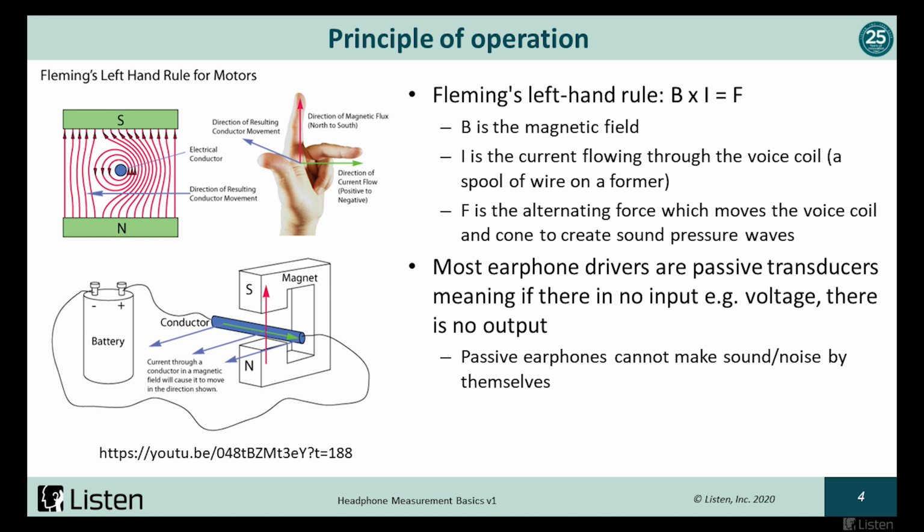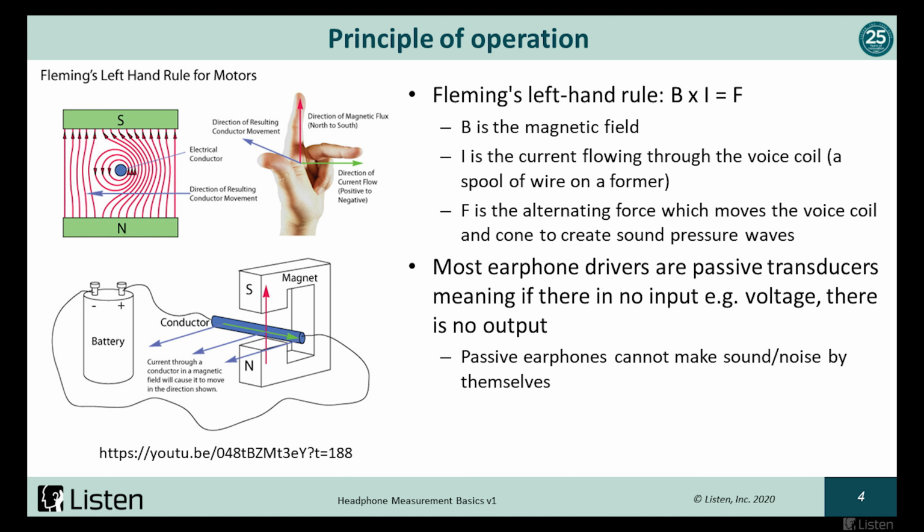So one thing I'd like to remind people is there's a big difference between a passive transducer and an active speaker. If we're just studying the raw transducer, it literally has no input or output without some signal going into it. So as a result, earphones do not make sound or noise by themselves.